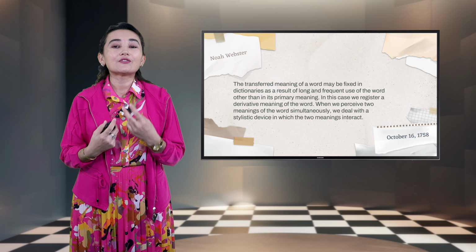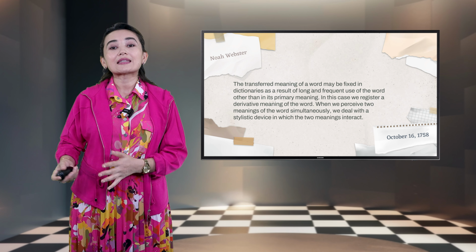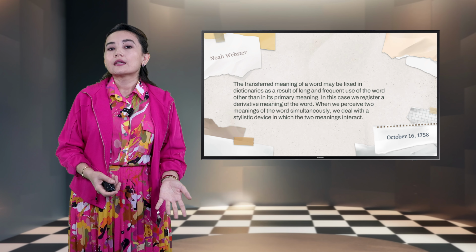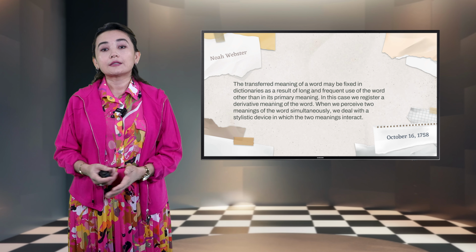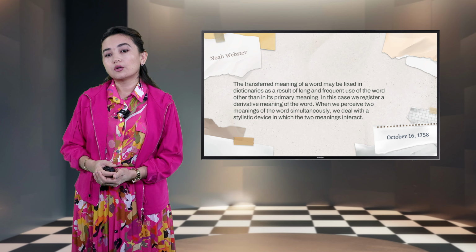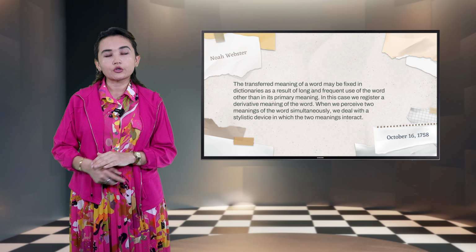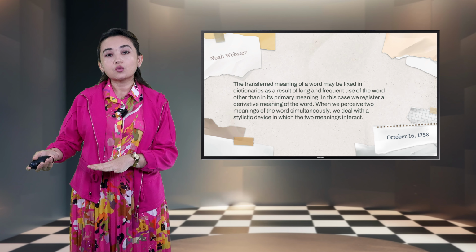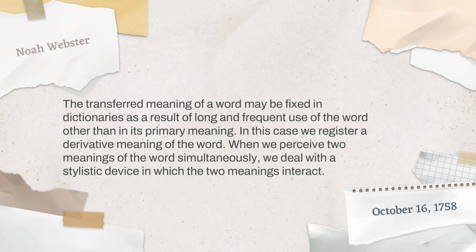When we perceive two meanings of the word simultaneously, we deal with a stylistic device in which the two meanings interact. It's very useful for us to be aware of contextual and dictionary meanings of words, because it will be very easy for us to understand the speaker's aim or their speech.